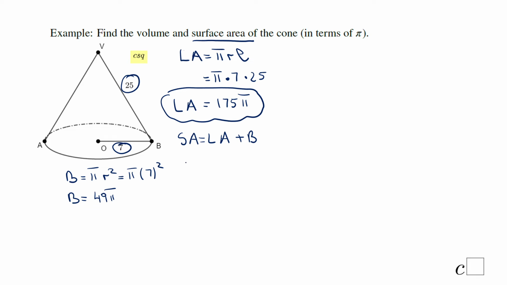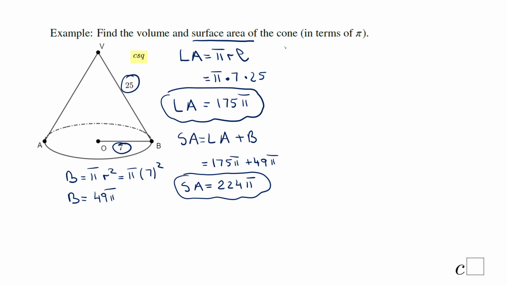So we can go back here and we have 175 pi for the lateral area plus 49 pi for the base. If we add this, we're going to get 175 plus 49 is 224. 224, don't forget the pi. Square units, very important again to remember the unit for area.